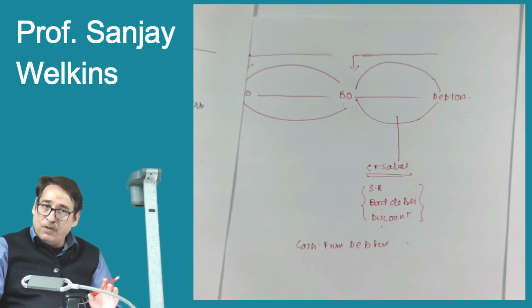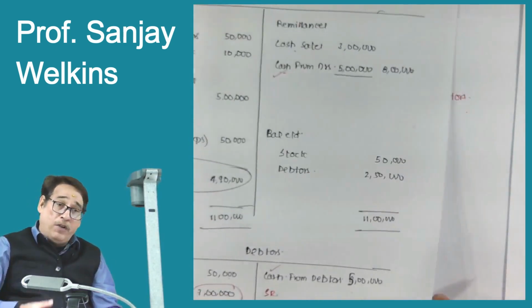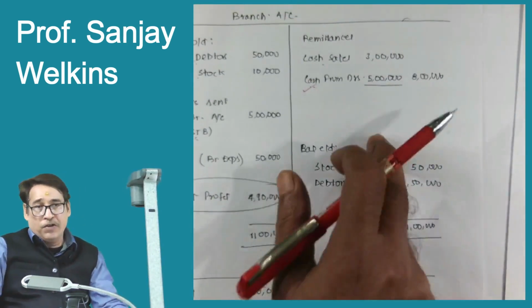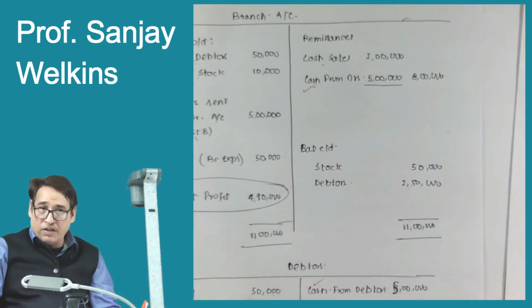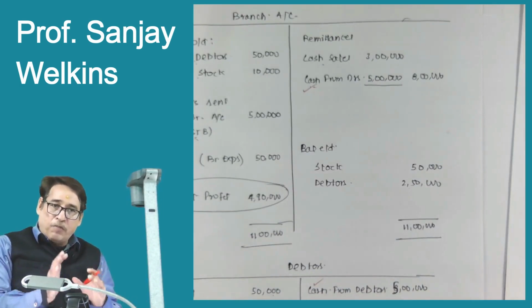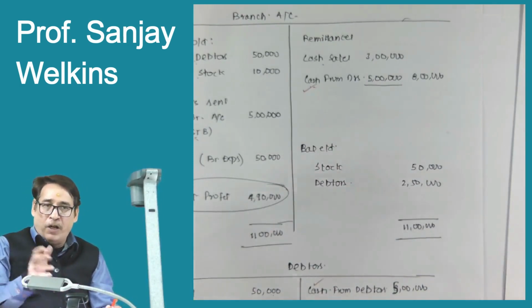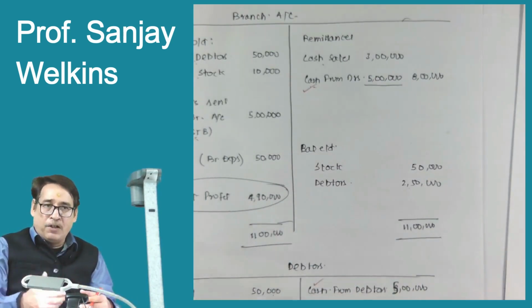Is it clear to you or not? So now it should not confuse you why we write cash receipt from debtors first in the branch account and later in the debtors account also. The reason should be crystal clear now, because this is a transaction in which all three parties are impacted. Is it clear to you or not?